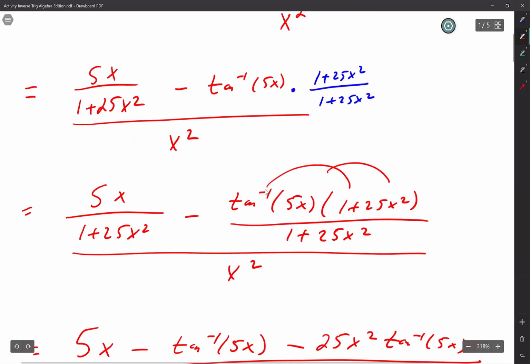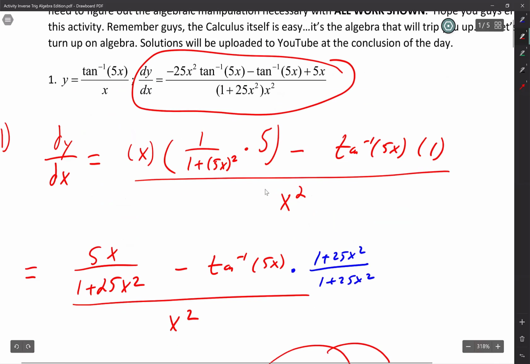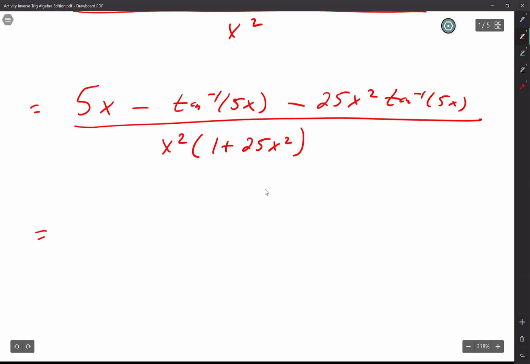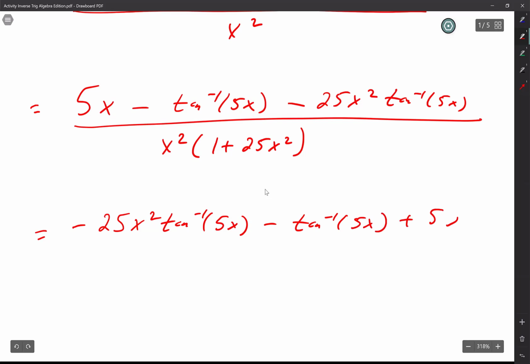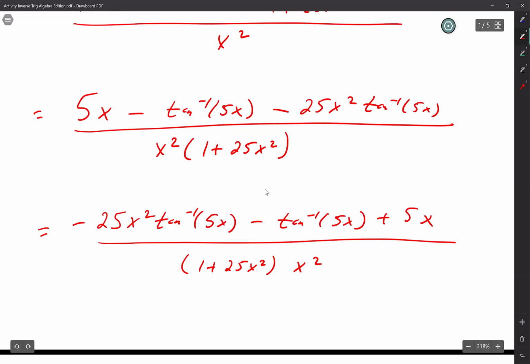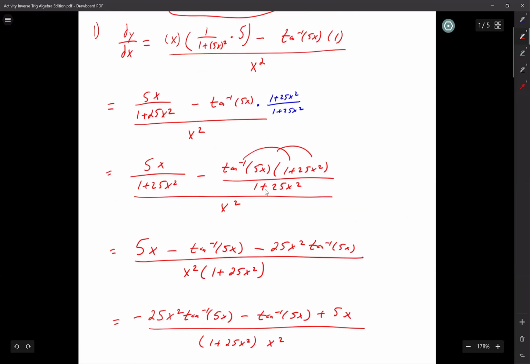And I believe that's the answer. They just rewrote it a little different. So let's rewrite it the way they have it. Put this one first. So negative 25x squared arctan of 5x minus arctan of 5x plus 5x all over, and I guess if I wanted to look like the key or the solution, and there it is, and I think I got it looking like it.